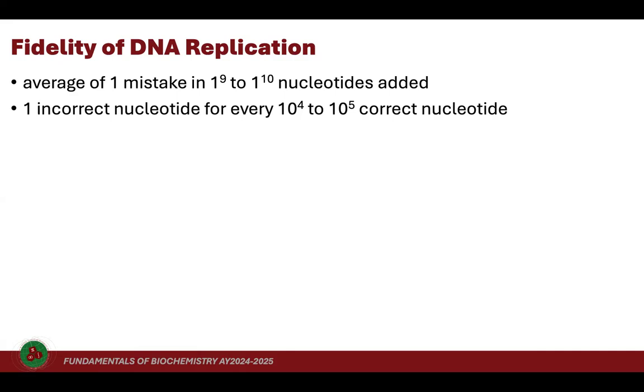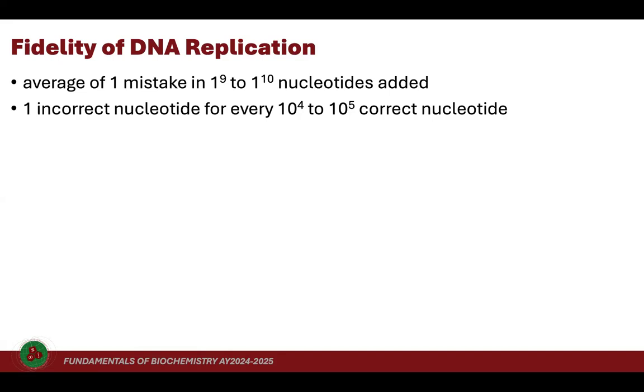So there should be a low frequency of mistakes, because if the frequency is very high, then that would lead to more mutations and, of course, more diseases for the organism, less chance of survival. So, on average, this is again in the context of prokaryotic DNA replication, there is one mistake in 10 raised to 9 to 10 raised to 10 nucleotides added in a new DNA strand.